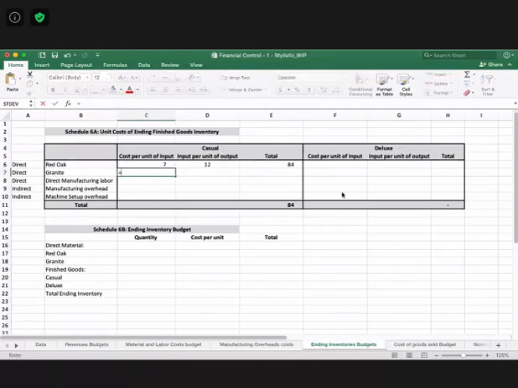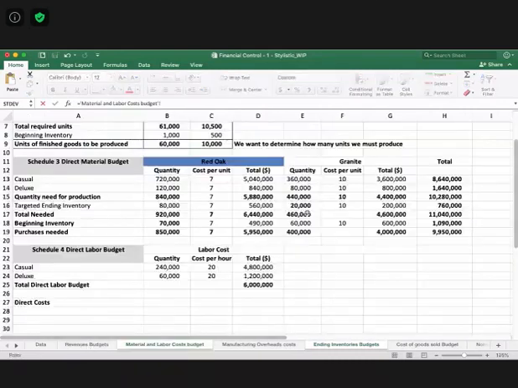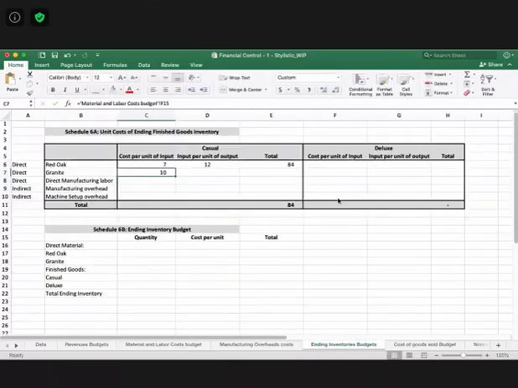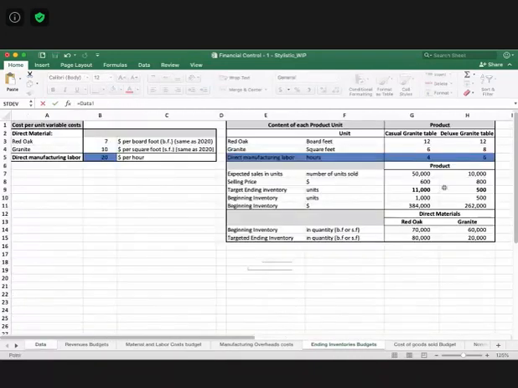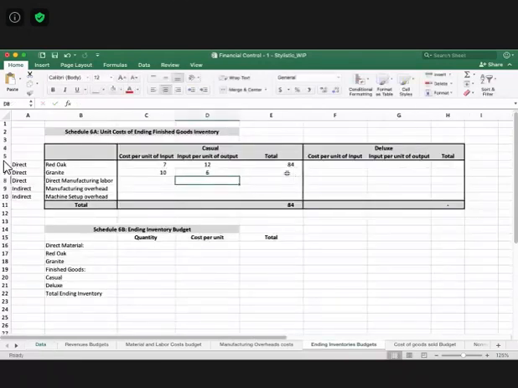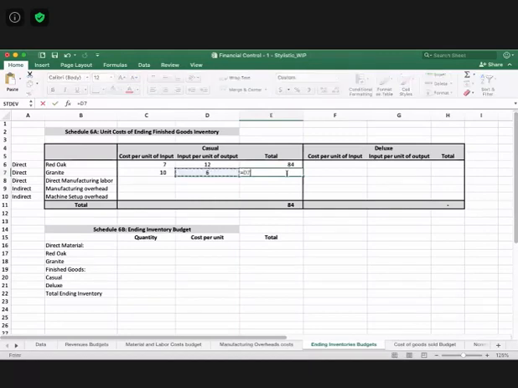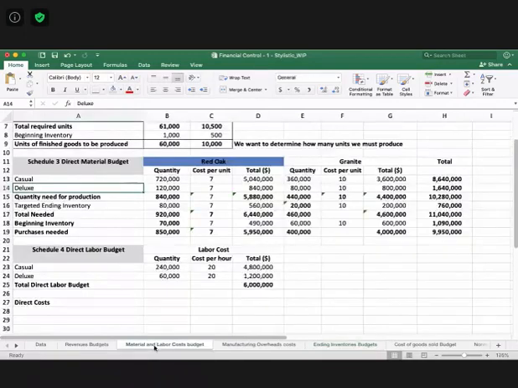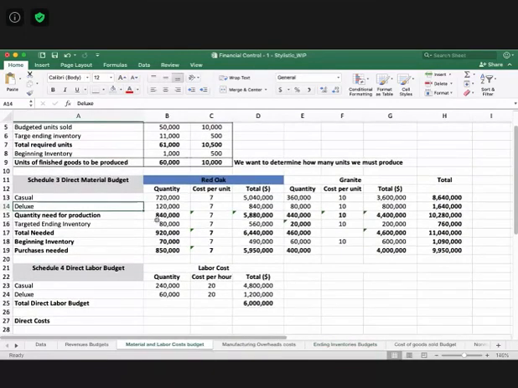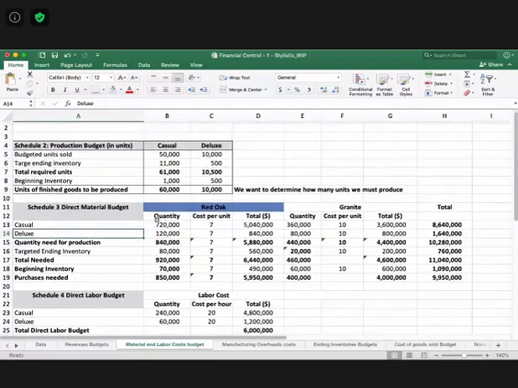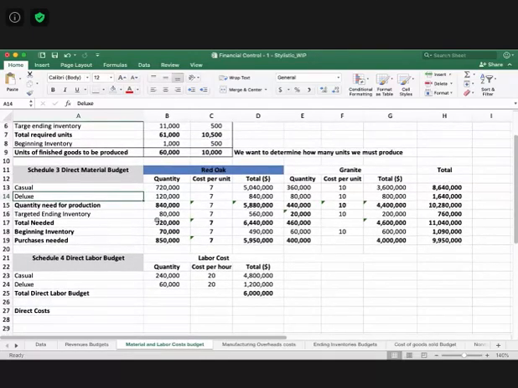So for the granite, of course, the same thing. So what is the cost of the granite? So it's 10. And the number of units for the casual table, granite is 6. Okay. This one. Okay, so just checking where I should take the 7.